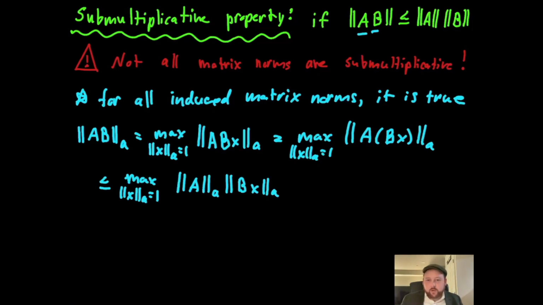I'm just using that property of induced matrix norms. Then I can pull out the A norm of A entirely because it's just a scalar at this point and doesn't depend on x.